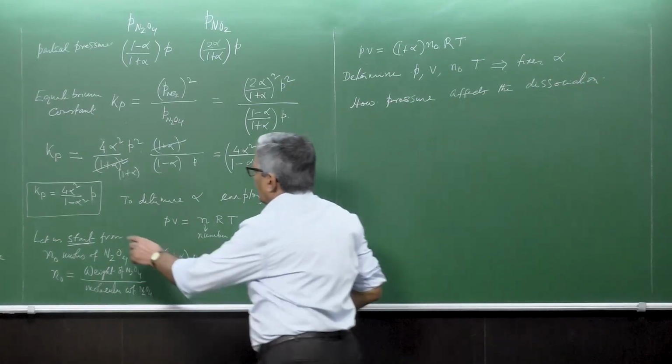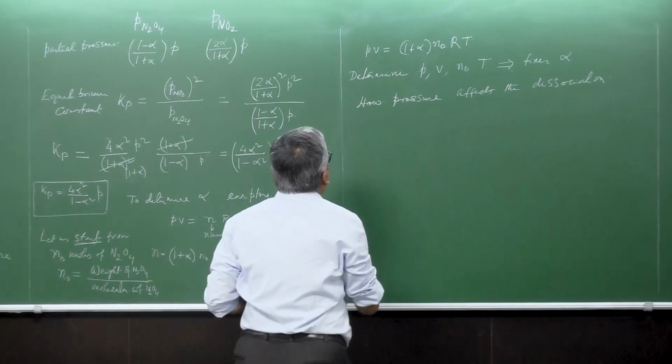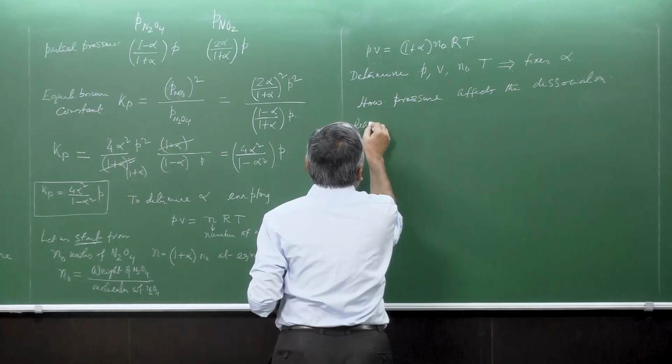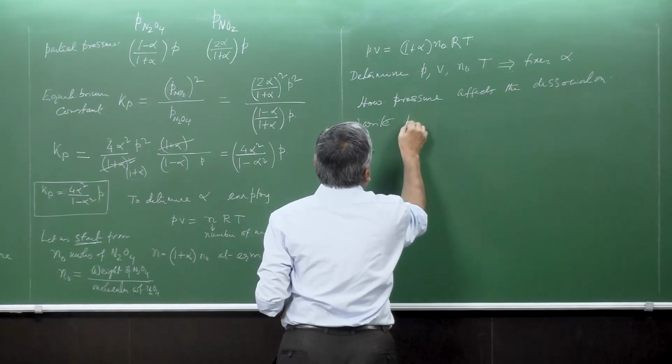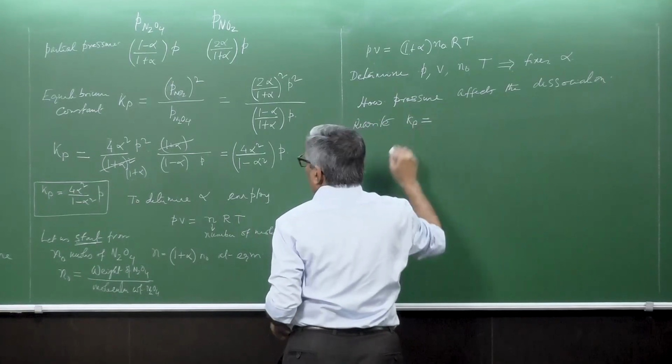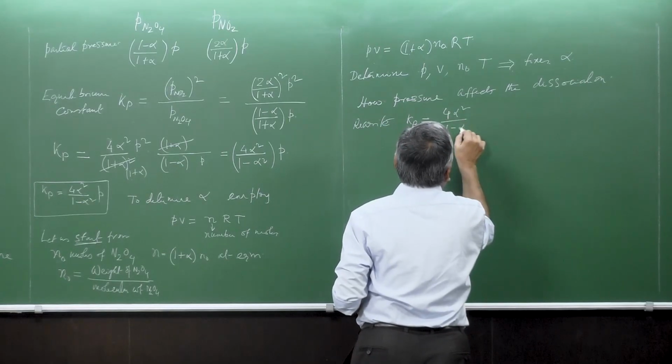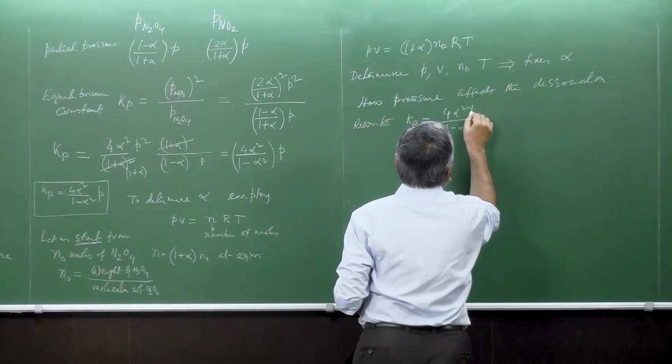For this, a simple thing would be if I rewrite this equation, Kp equal to 4 alpha square by 1 minus alpha times P.